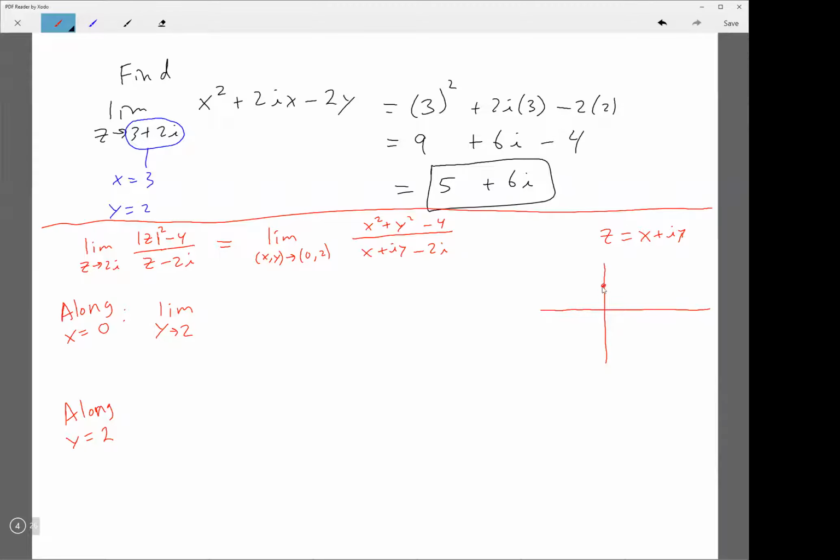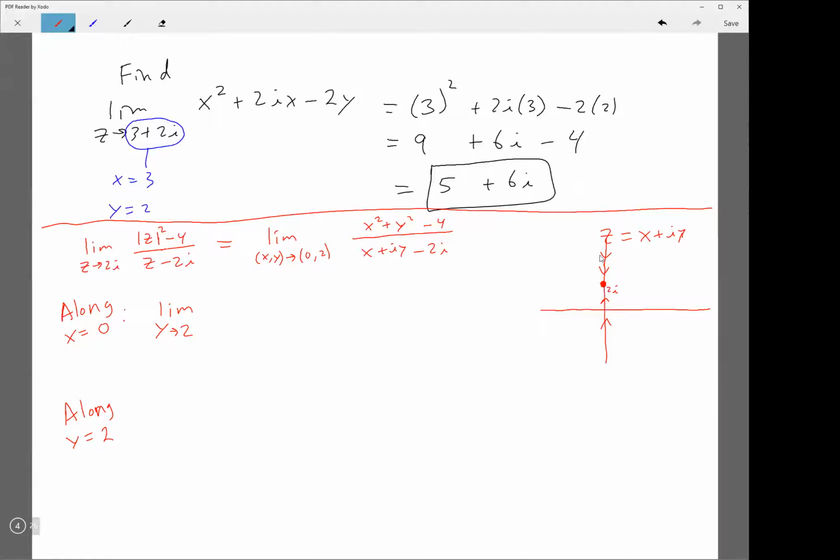The point 0, 2 is right here. That's 2i right there. By setting x equal to 0, I'm not skipping to that point. I'm skipping to this vertical line, the y-axis.